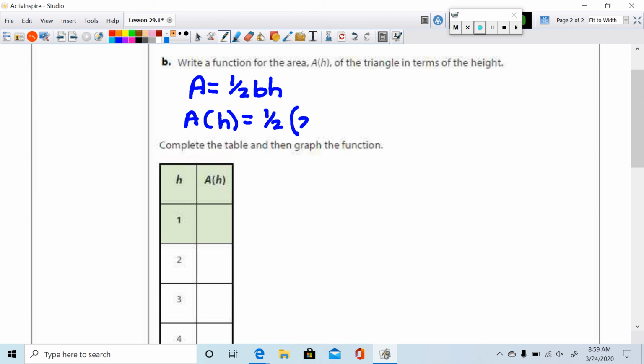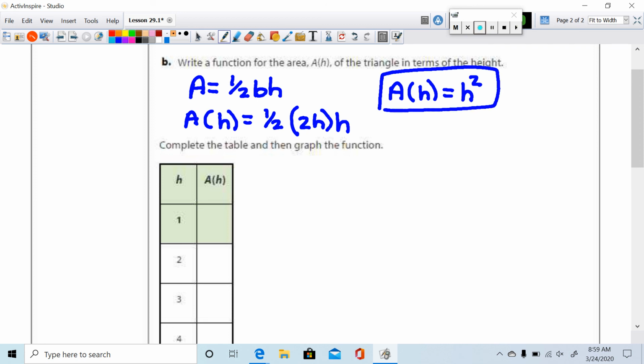We called it 2h, and the height was h. So half of 2 is 1. And if the coefficient is 1 and you have variables, you do not have to write the leading coefficient of 1. So I'm just going to leave out the numerical part and do h times h, which is h squared. So for this scenario, that is the equation for the area.